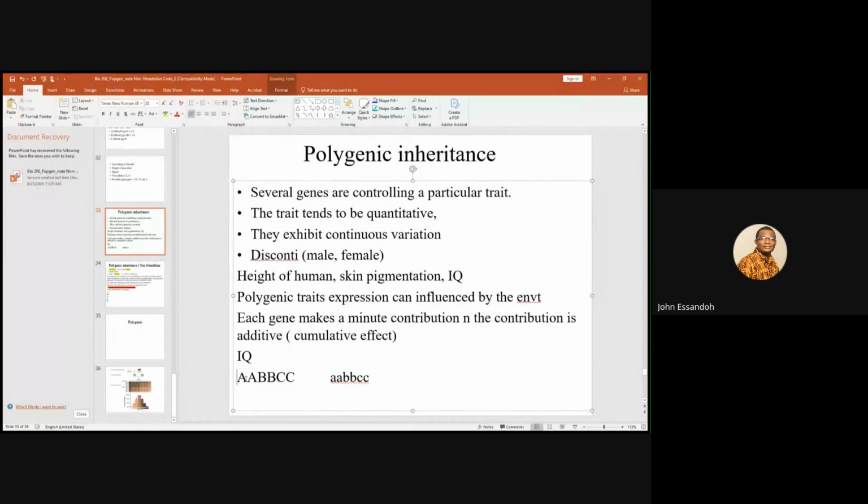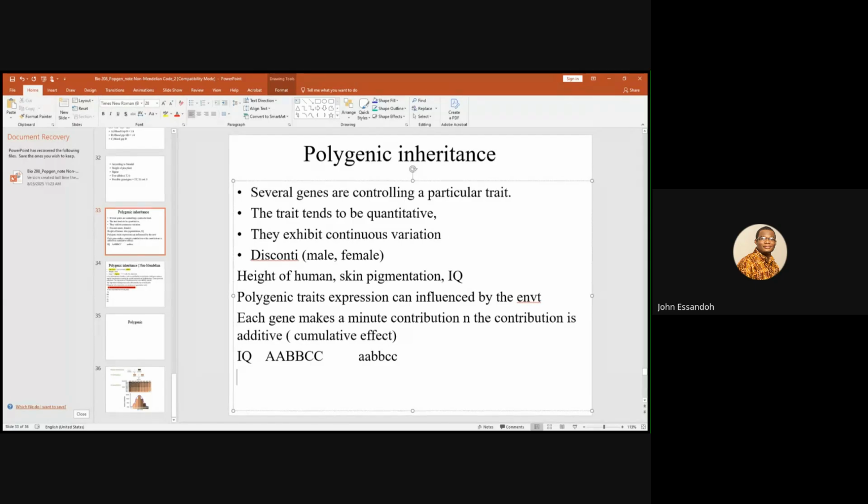Let's take it this way: people with capital A, capital A, capital B, capital C, they are smart people. They are very smart people. And these people with this combo are very dull people. Now, if the two of them marry, what will happen is that the allele here, the sperm here, if it's, let's assume, a woman. Okay, so let's say the woman is very smart. So this is the lady here, and this is the man here.